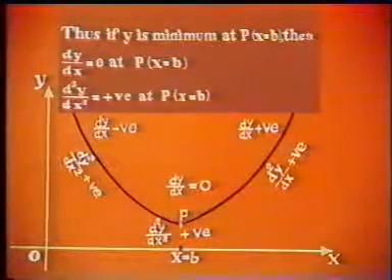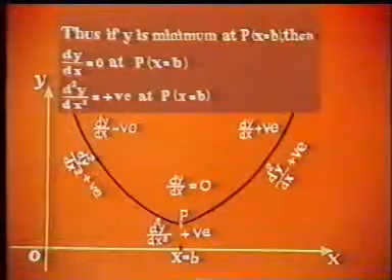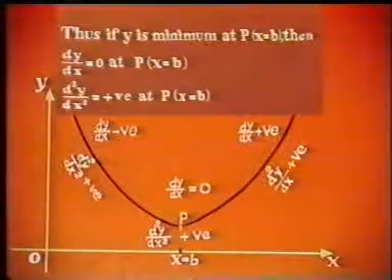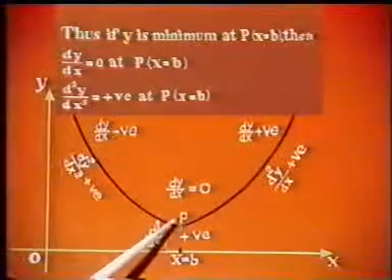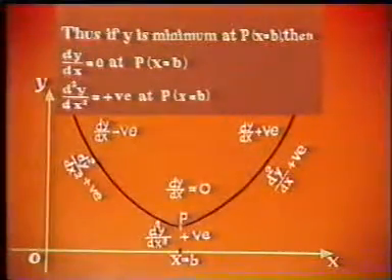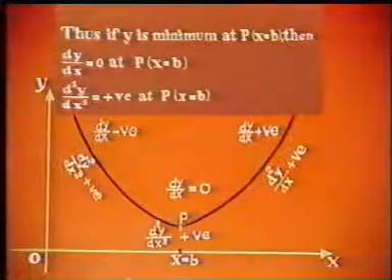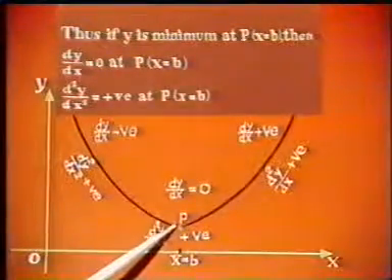Thus, if at P x equal to b, y is minimum, then dy upon dx is equal to 0 at P, and d square y upon dx square is positive at P.